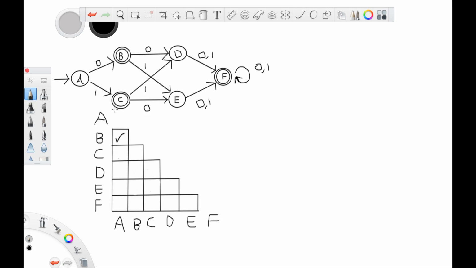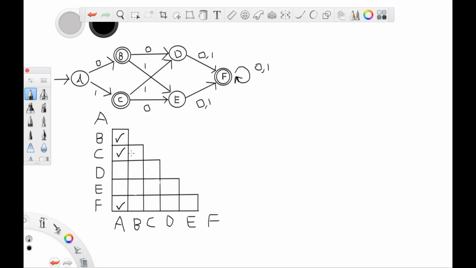CA, again, C is a final state, A is a non-final state, so we tick this. DA, they're both non-final, so we don't need to tick this. EA, they're both non-final once again, so we don't need to tick anything. FA, F is final, A is non-final, so we do tick this.